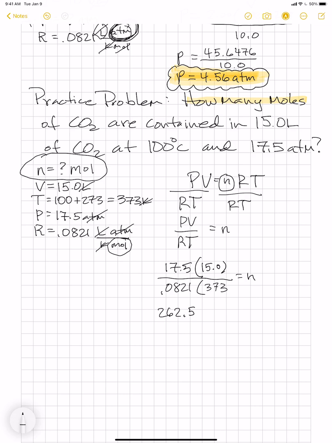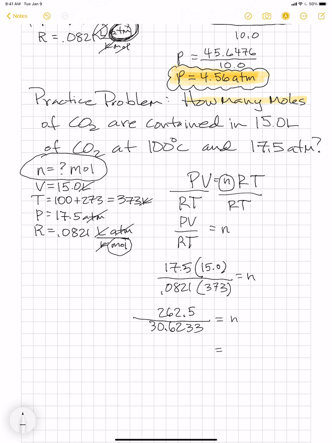262.5. Now let's multiply the bottom, okay? So get your fingers tapping, 0.0821 times 373 equals, and I get 30.6233. Now get ready for some division, right, guys? Here comes some division.